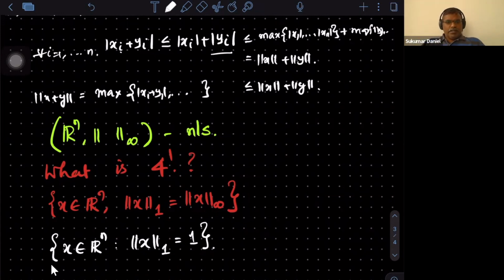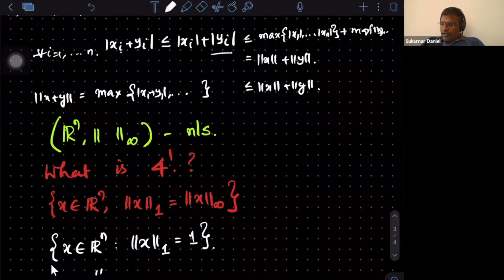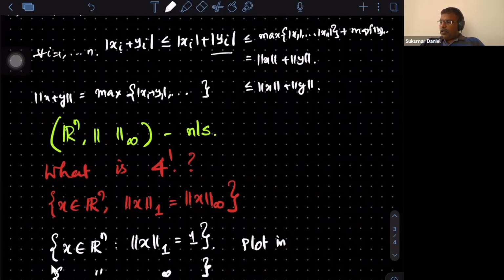That means all those vectors whose lengths are 1. Okay, so check what this is. Of course, you can use the same question for the infinite norm also, and try to plot these points in the special case when n is equal to 2, and if possible try to do it for 3 also.